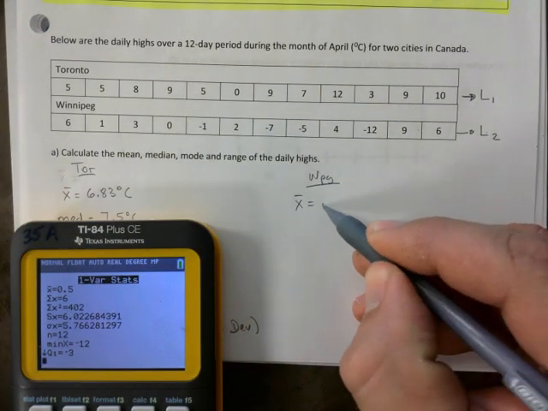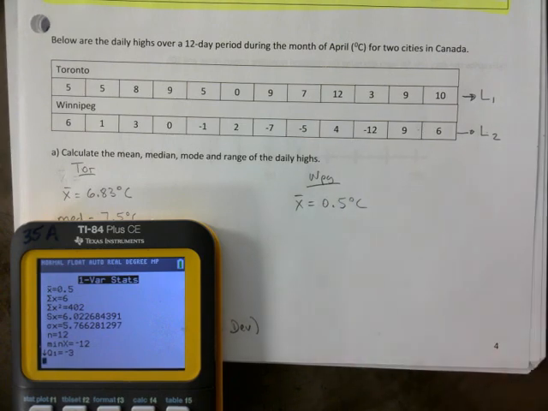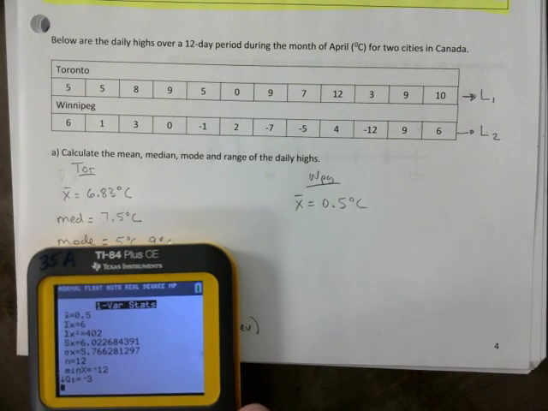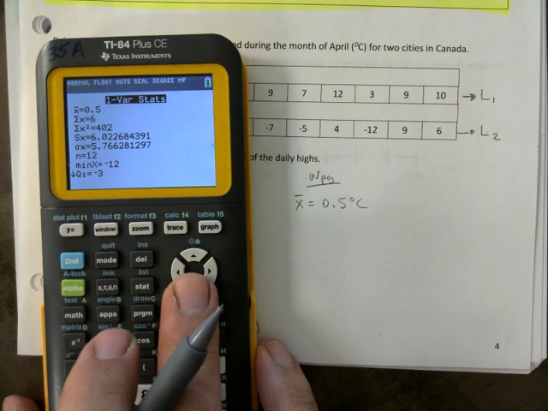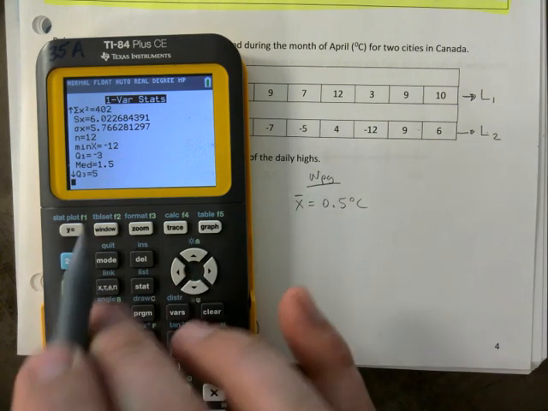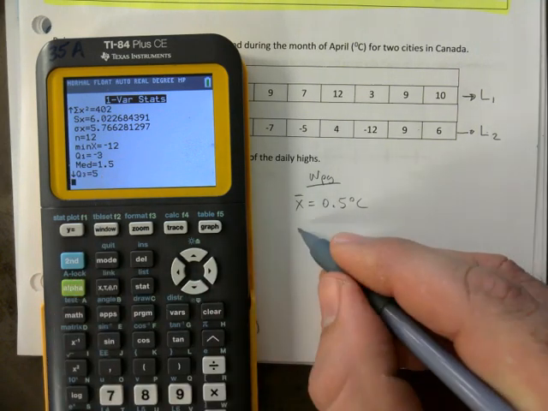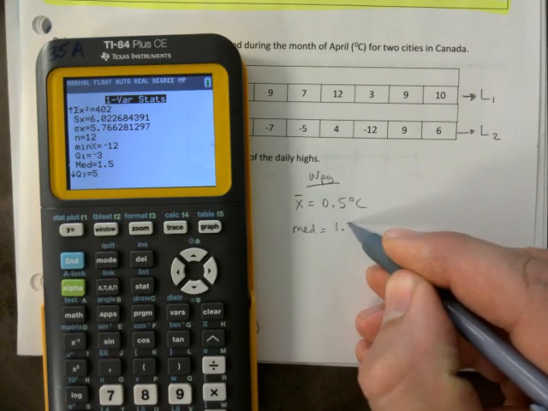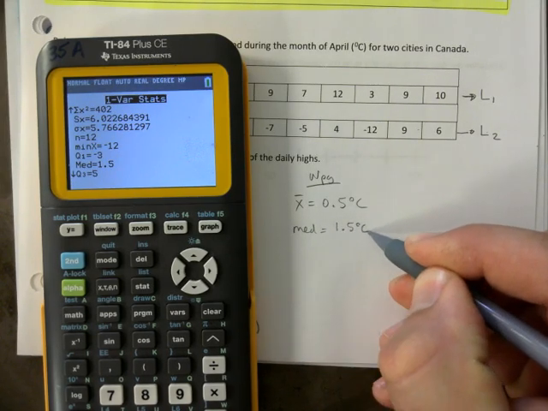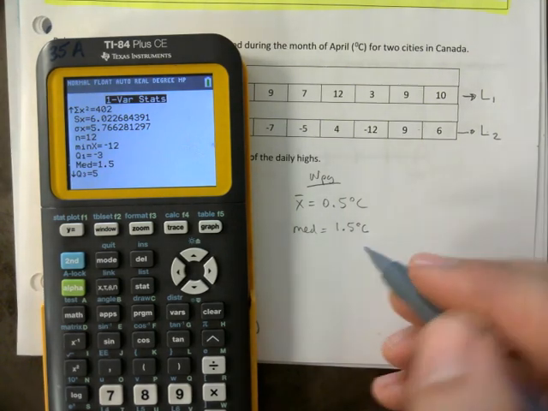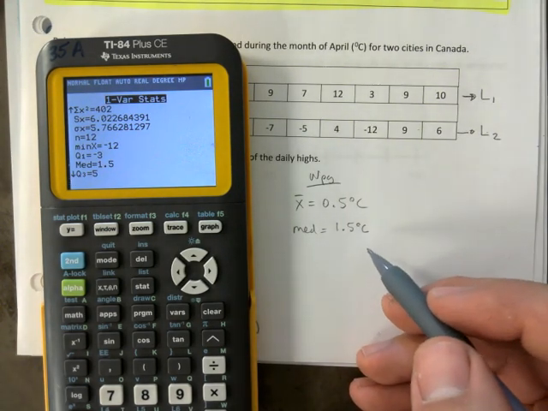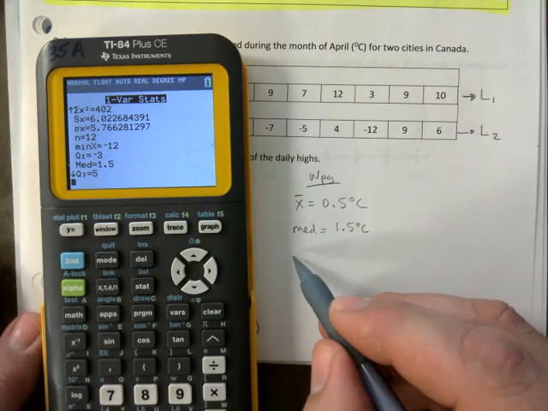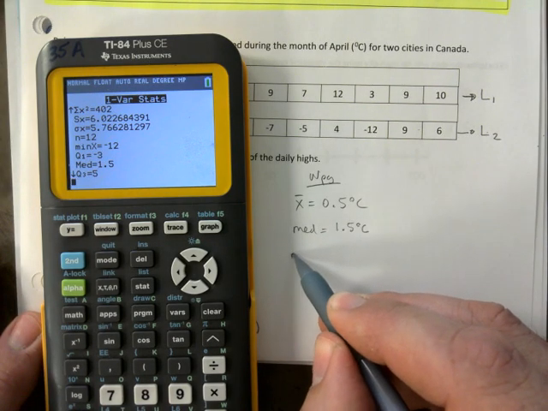We were not surprised that Winnipeg is colder than Toronto. You shouldn't be, at least. Then we find our median. Median temperature is 1.5 degrees Celsius. So half of the time it's colder than 1.5, and half of the days it was warmer, right? And so then we have mode.